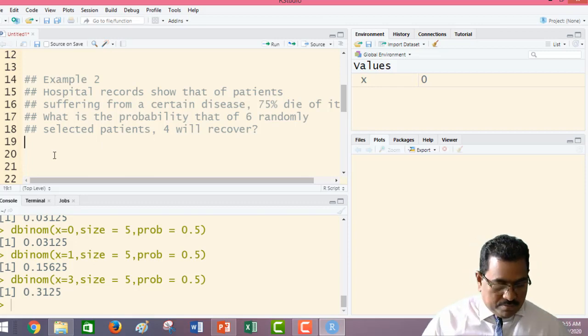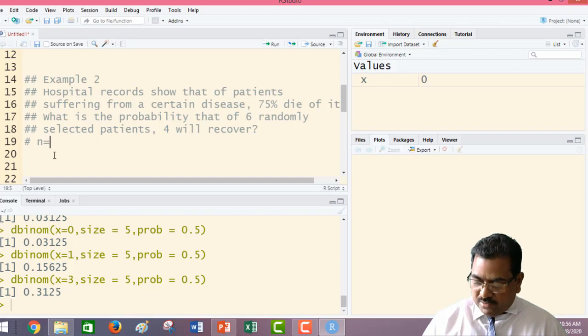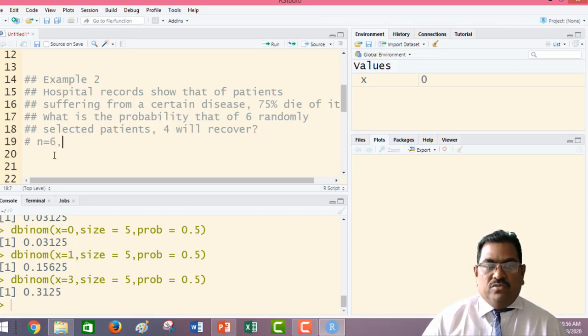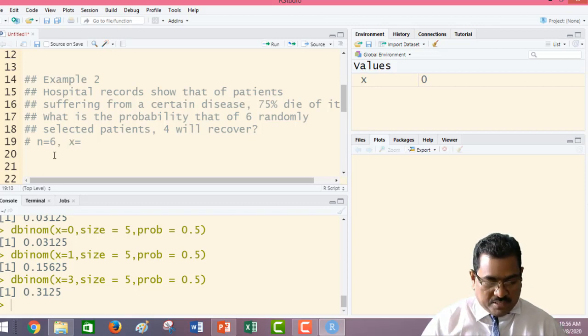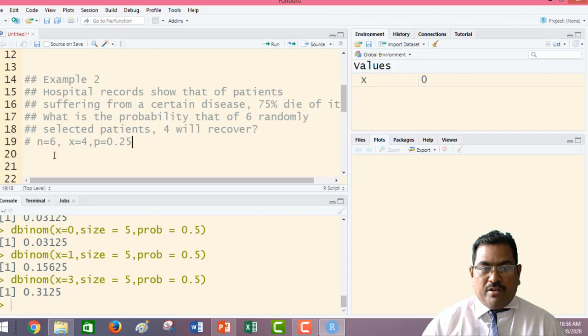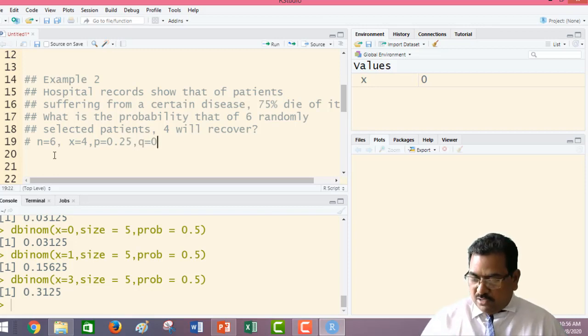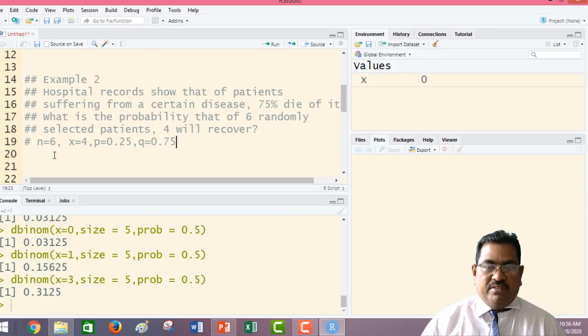In this example they have taken 6 patients, so n equal to 6, and we calculate how many recovered. So x is 4, where 4 recovered, and p is the probability of recovery. Here the die percentage is 75%, so the recovery probability is 0.25, and automatically q equal to 0.75. This is the data given.